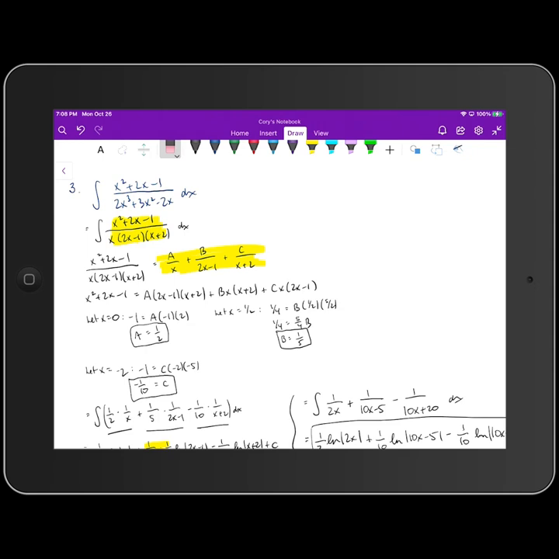So that leaves me with A times 2x minus 1 times x plus 2. When I multiply it by the second fraction, the 2x minus 1s cancel, which leaves me Bx times x plus 2. And then when I multiply it by the third fraction, the x plus 2s cancel, which leaves me with Cx times 2x minus 1.